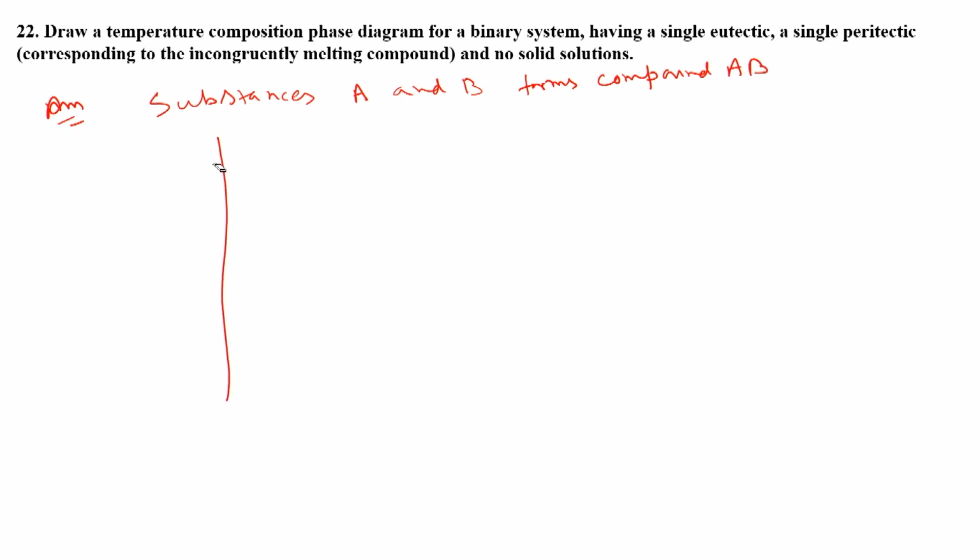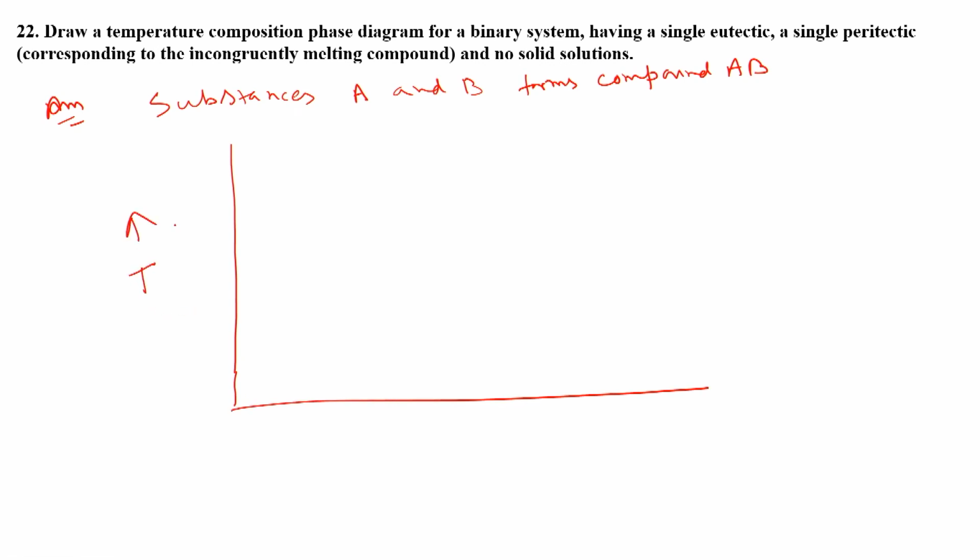So if we draw the temperature composition diagram here, we consider a particular pressure here, P is fixed. So here temperature, and then composition. Composition means percentage of B. So here percentage of B, from 0 to 100 we go.